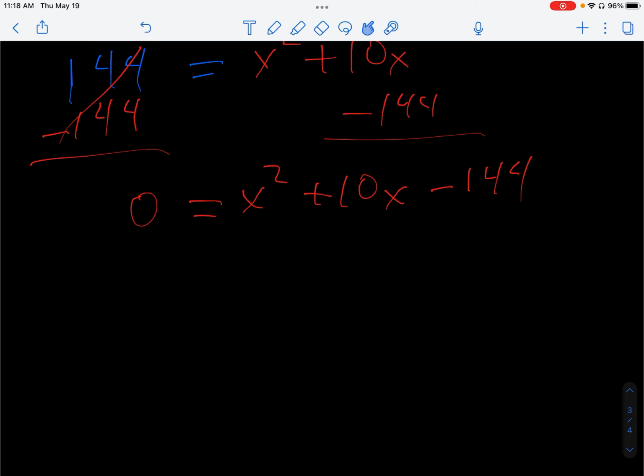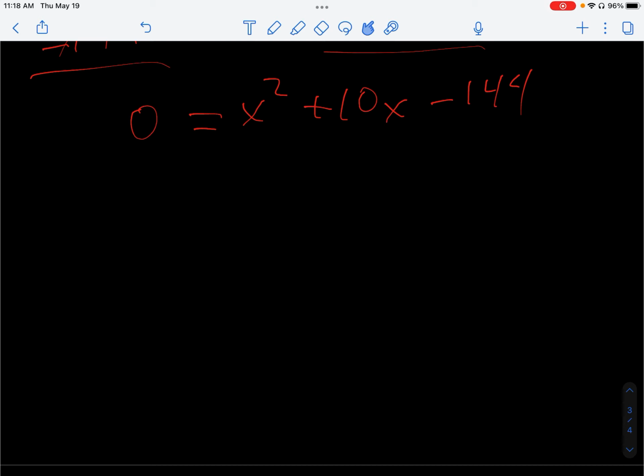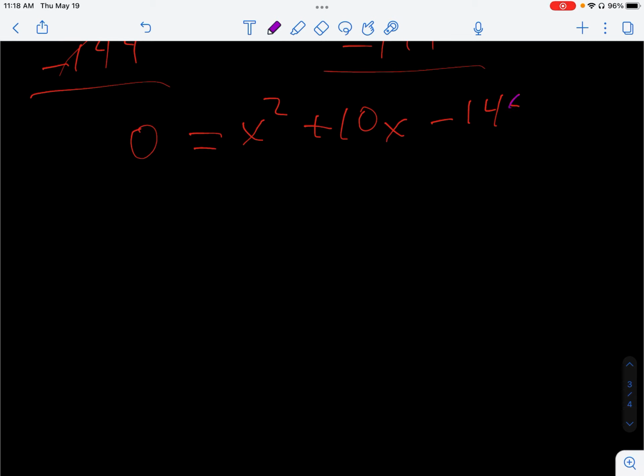Now, if we recall our factoring, let's go to purple for this. If we recall our factoring, this equation here is the same as x plus a times x plus b.